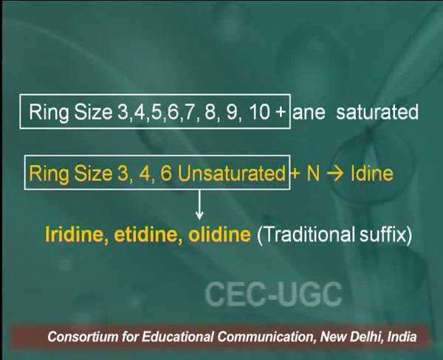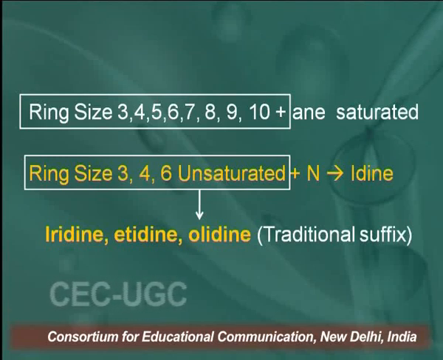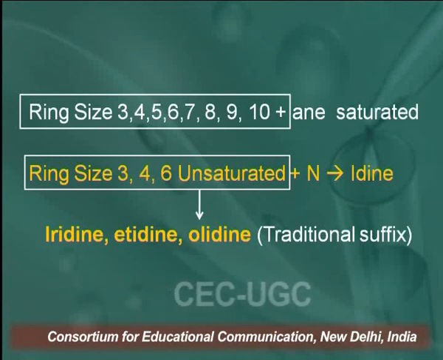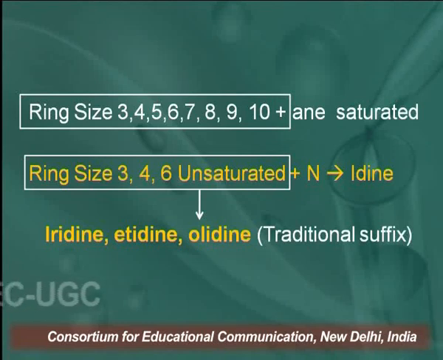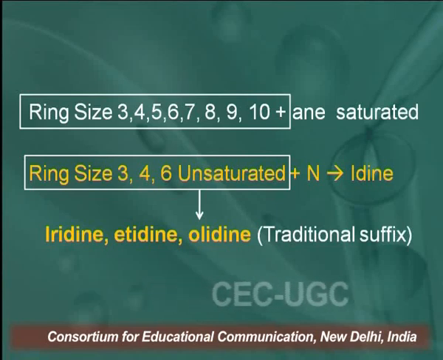Very important: if the ring size is 3, 4, 5 and the ring has a nitrogen atom, add -idine. So -iridine, -etidine, -olidine, these are the traditional suffixes. These 3 important suffixes you must learn. So learners, these are the points to remember.